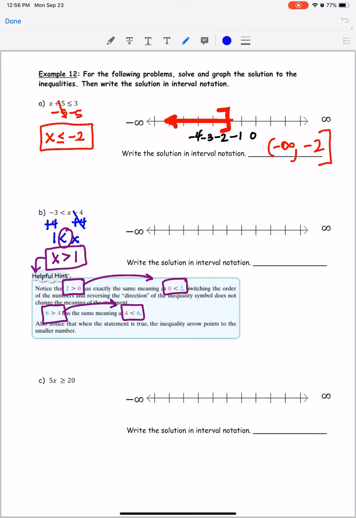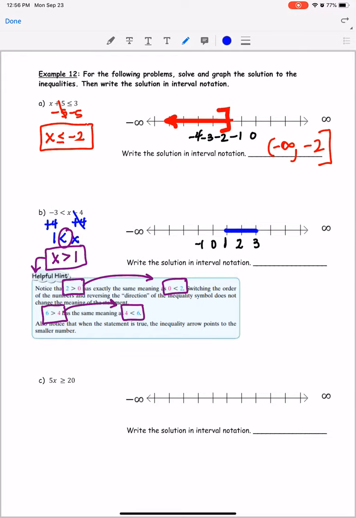So I get x greater than 1. And let's go ahead and number a number line. So I've got 1 here in the middle, then 2 and 3, 0, -1. I'm going to start at 1. Now this is pointing this way. See how this is pointing the other way? You've got to flip it so it's pointing the right way.